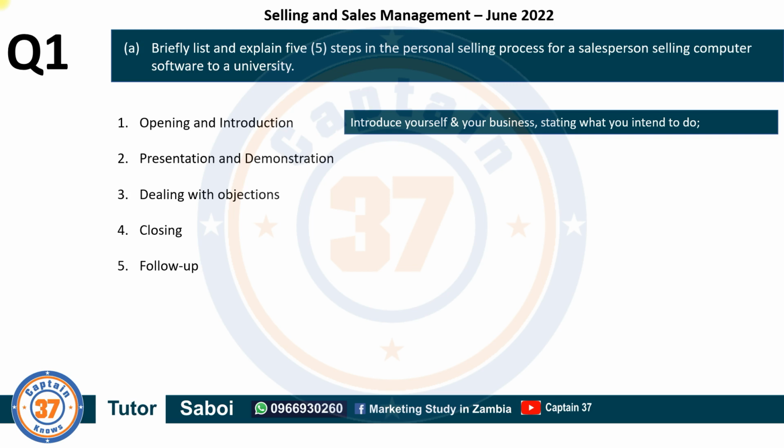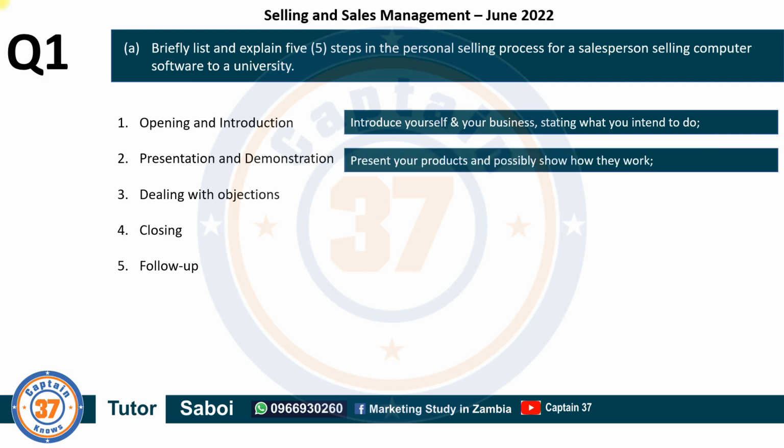When it comes to number 2, presentation and demonstration, present to us your products and possibly show us how they work. Possibly the software allows you to attach documents. Show us how to attach documents and the type of documents that the system can accommodate. Possibly the system is integrated to other programs, other systems. It's up to you to demonstrate. This step is about you showing us how the system works.